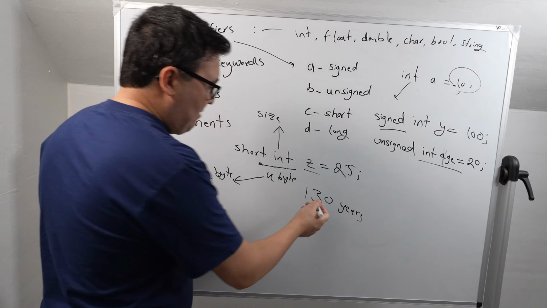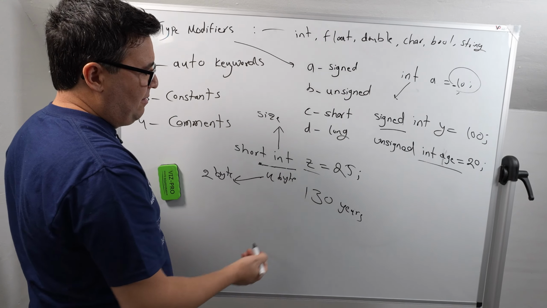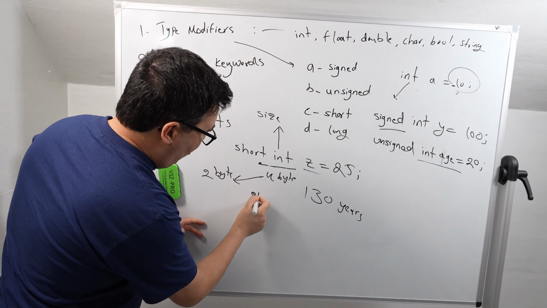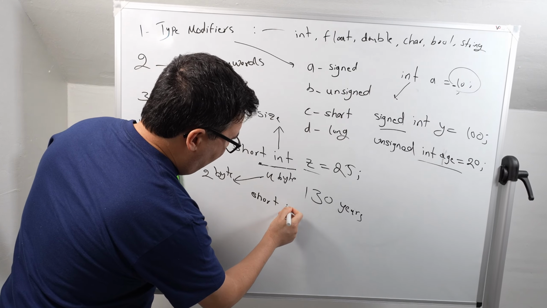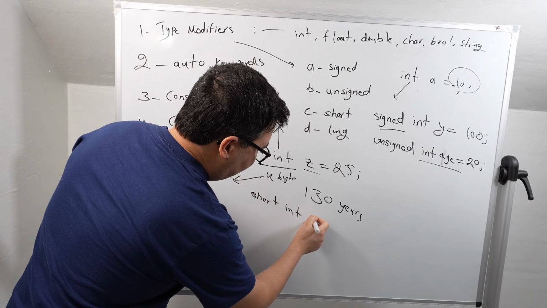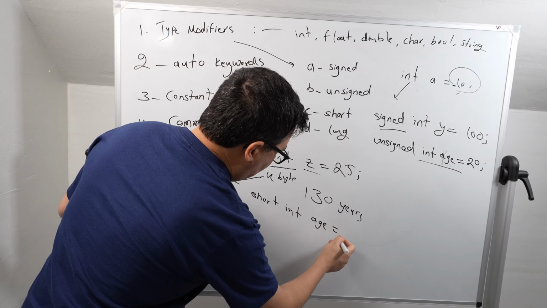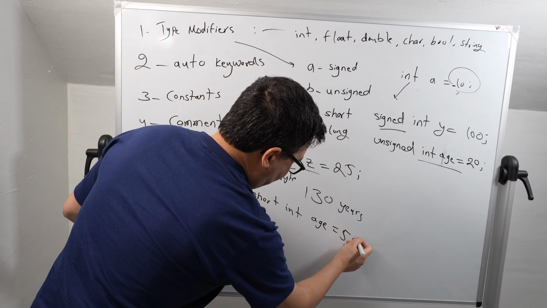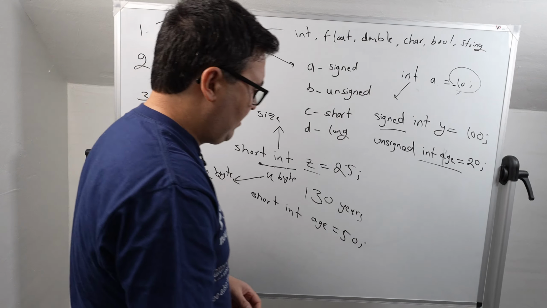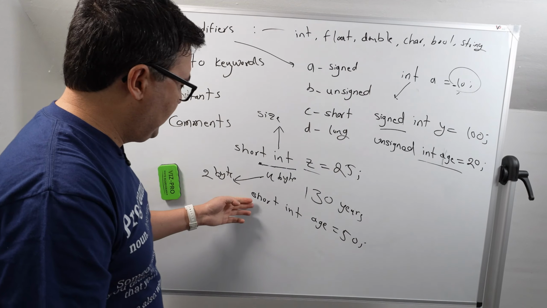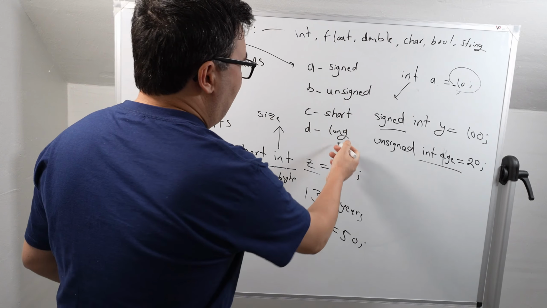So we don't need a big number for the age. So when we define a variable called age, we define short int age equal to 50. So this is the short modifier.